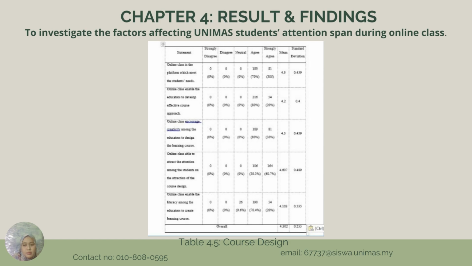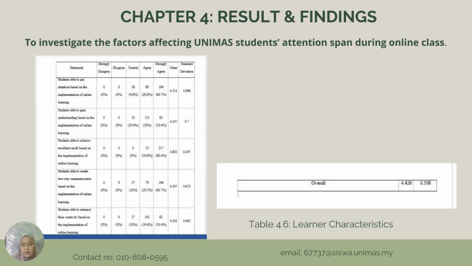Meanwhile, the lowest mean is 4.103, which is the statement online class enable the literacy among the educators to create learning course, with standard deviation of 0.535. Next, the overall mean of the course design is 4.302 and standard deviation is 0.255. Thus, there is agreement about the course design.